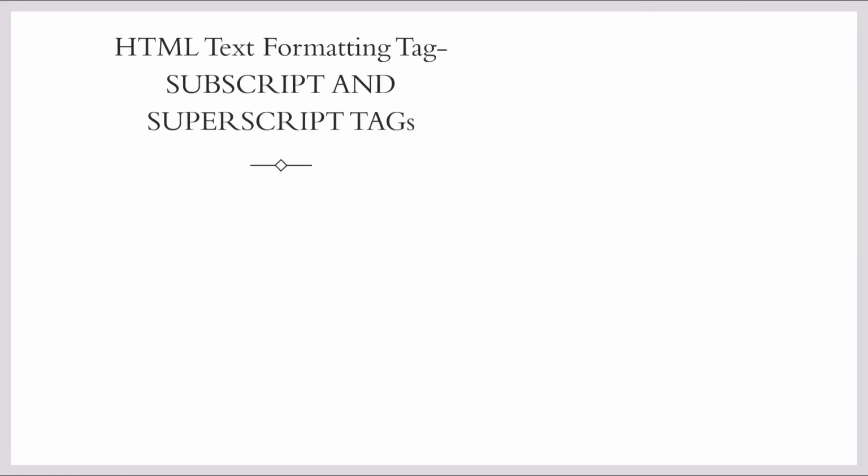Moving on to subscript and superscript tags. These tags are commonly used for mathematical equations or chemical formulas or sometimes footnotes. Subscript is represented as the SUB opening and closing tag. Subscript text appears half a character below the normal line and is sometimes displayed in a smaller font. For example, if you want to display x to the base 2, let's see how to achieve that.